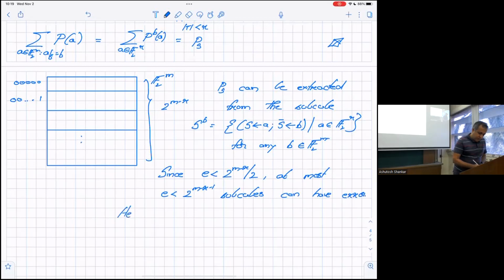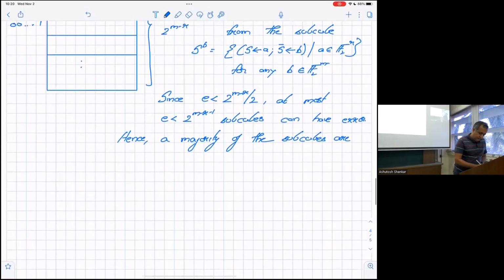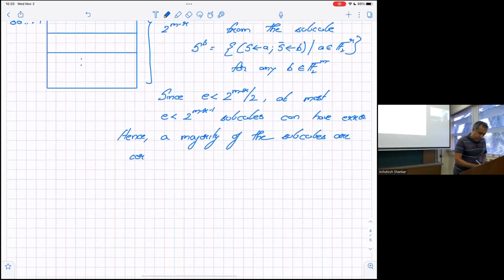Hence, the majority of the subcubes are correct. That's the end of this step. So at the end of this, we will be able to extract all the degree R coefficients of the polynomial.